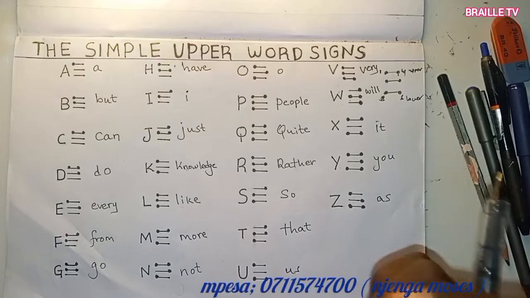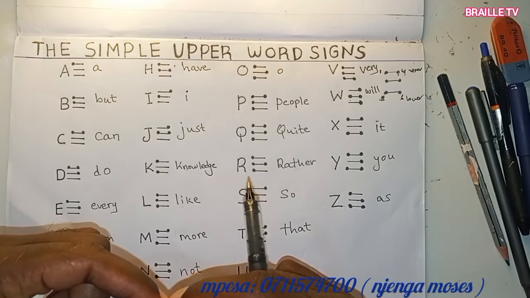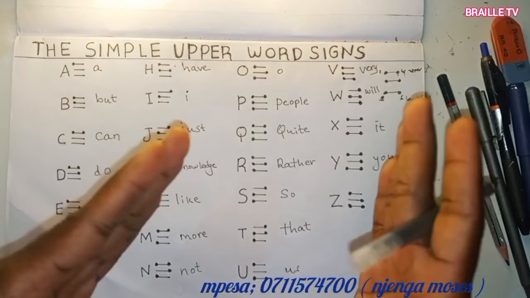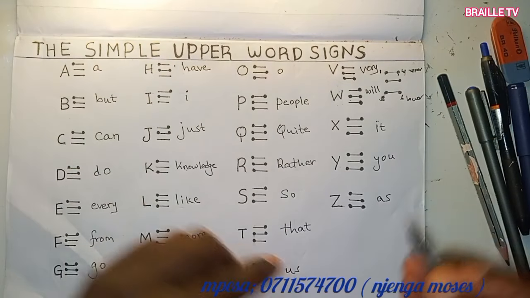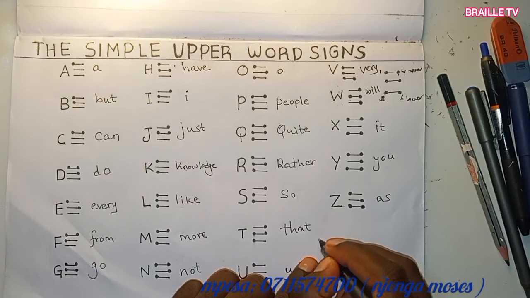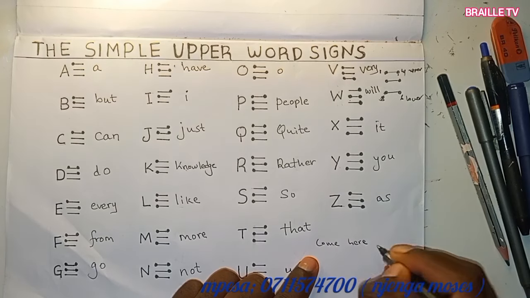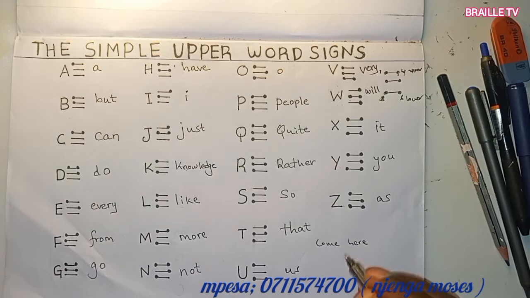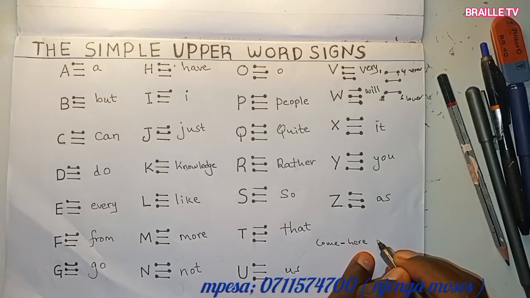A letter is considered standalone when it is preceded and followed by a space. What does it mean by preceded and followed? For example, come here. Now here means come here. This is a space.